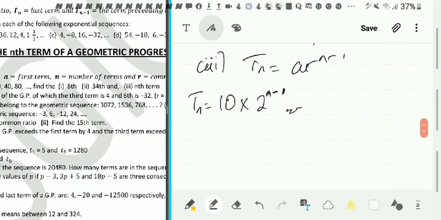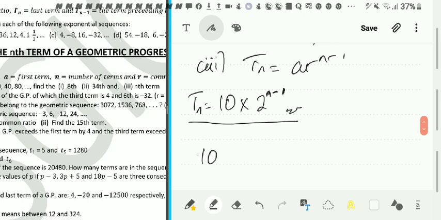Now, when you're told to get the nth term of any sequence, the nth term will enable you to get any term in the sequence very, very fast, the same way we did for the arithmetic progression. For example, if you are told to calculate the second term in this sequence, we were given the second term already in the question, but let's just use it to calculate the second term now.